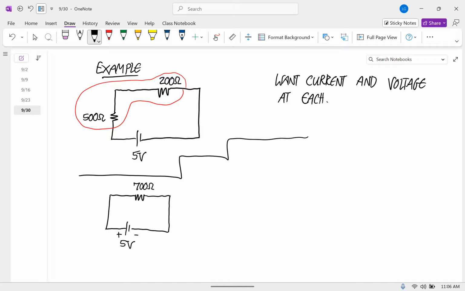Now this is a pretty easy calculation to get the voltage and the current. We know that there's a voltage of 5 here, and we know the current is going to flow this way. Ohm's law says that the voltage is equal to the current times the resistance.